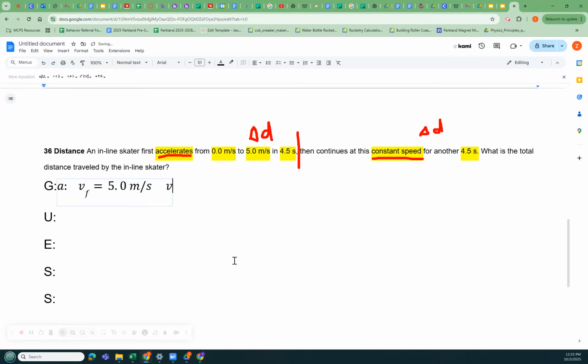We got a VI equals 0 meters per second. That's where it starts. And then we got a time of 4.5 seconds. It doesn't tell us acceleration, but we can figure it out from our information here. Then we can plug that into another equation to get distance.